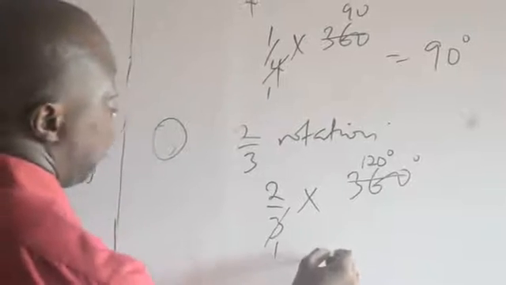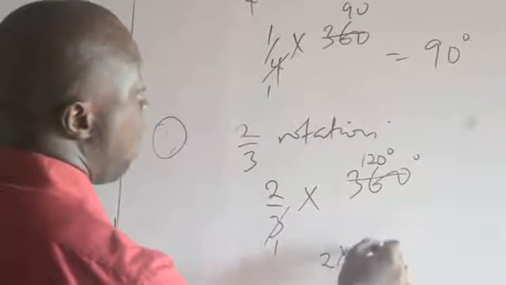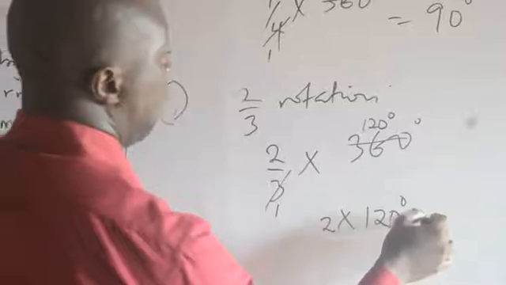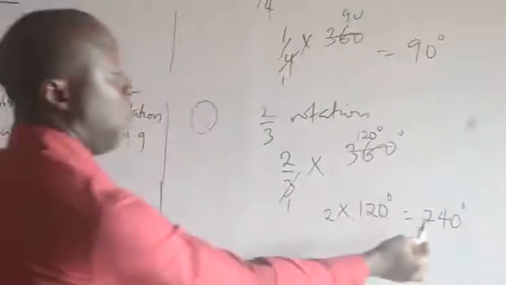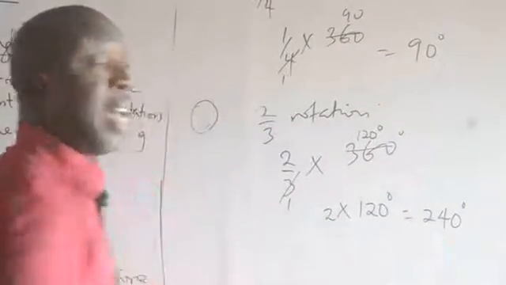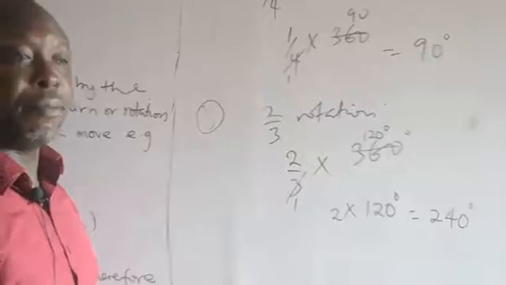So we'll have 2 multiplied by 120 degrees, which will give us 240 degrees. That is, 2/3 rotation will amount to 240 degrees.